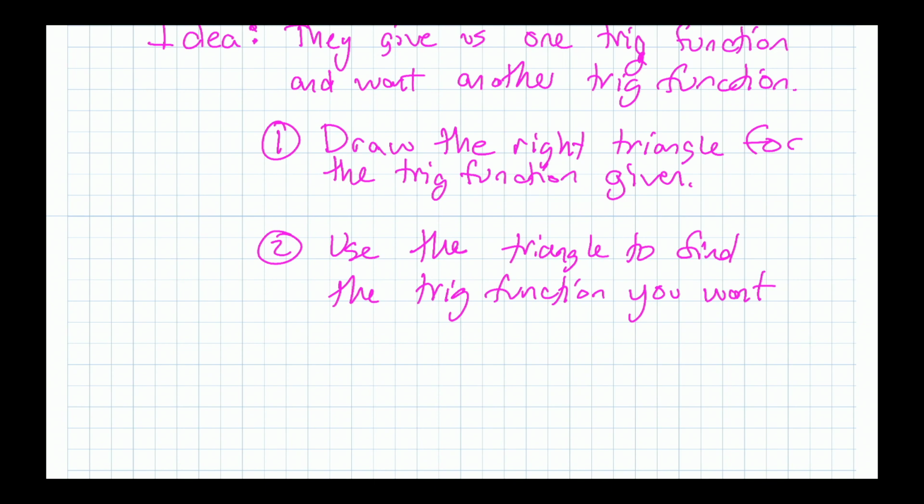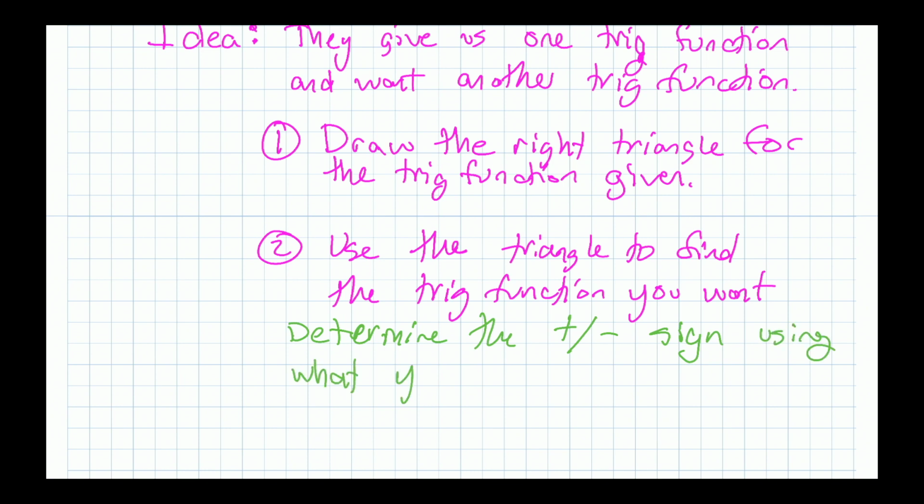So if they told you that your angle was supposed to be in quadrant 3 or quadrant 4 or something like that, then you get the sign, plus or minus, from that information. So this is the only 2 steps, but for that last one, you determine the sign, the plus minus sign, using what you know about unit circle trig.